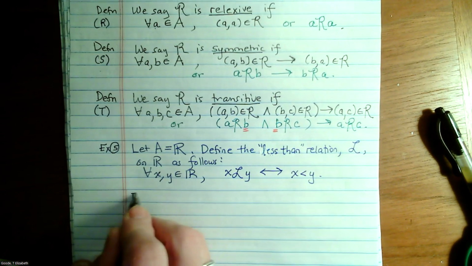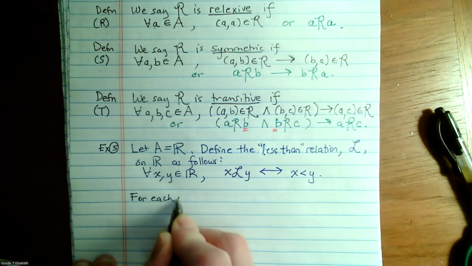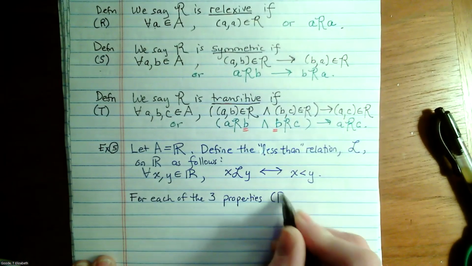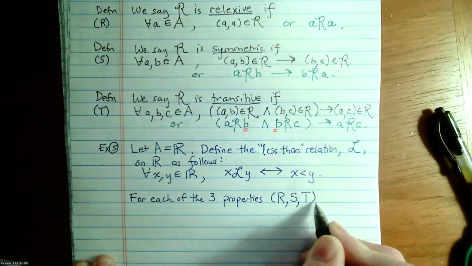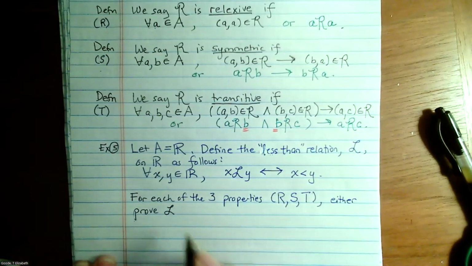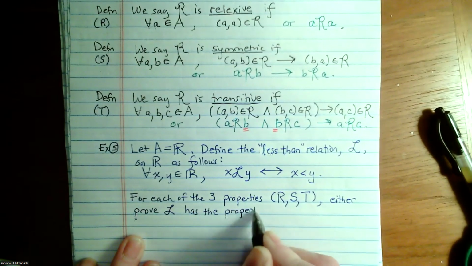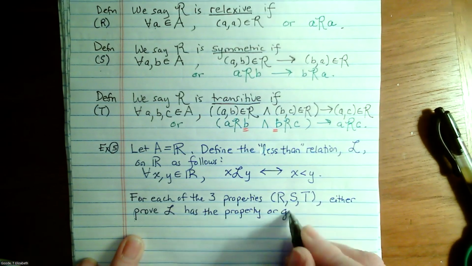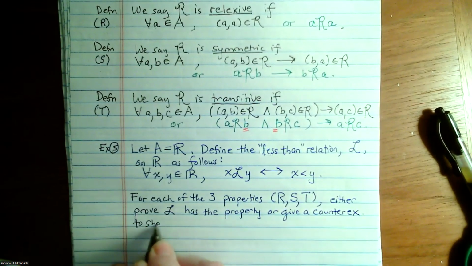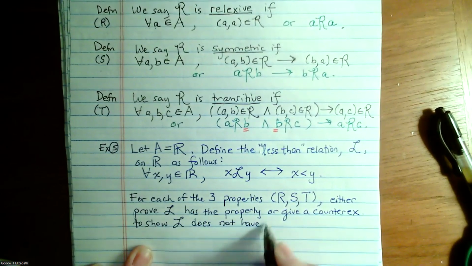So, of course, the question is going to be this, since we're trying to study these properties, for each of the three properties, and these properties are reflexivity, symmetry, and transitivity, RST, either prove the less than relation, curly L, has the property, or give a counterexample to show that curly L does not have the property.